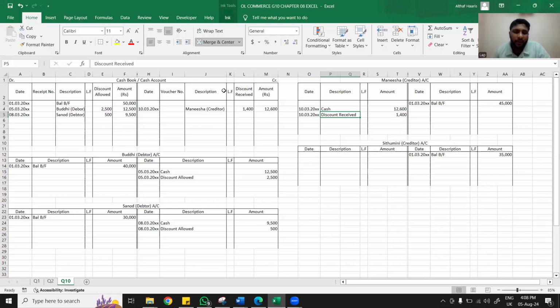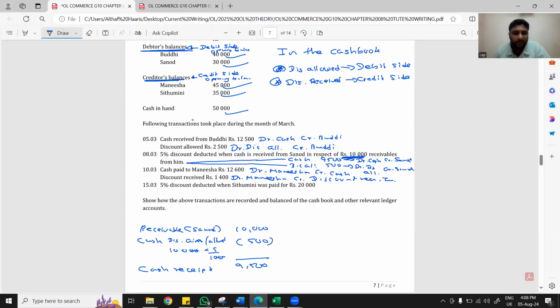Okay. Now let's move to the next one. 5% discount deducted when Situmini was paid 20,000. So when I'm going to settle this 20,000, Situmini is giving me a 5% discount. For Situmini, I have to pay money because here it is a creditor. Payable, creditors. Receivable, debtors.